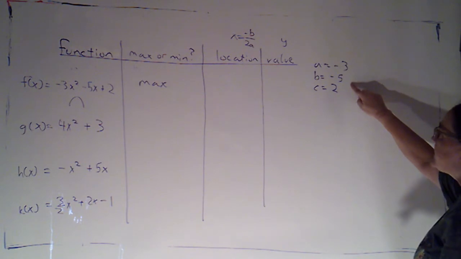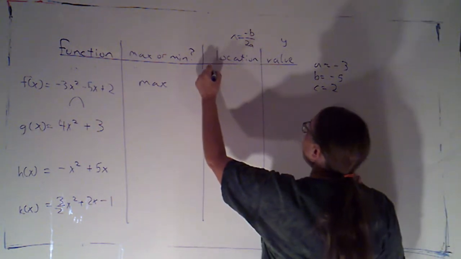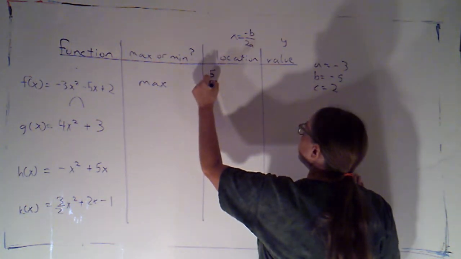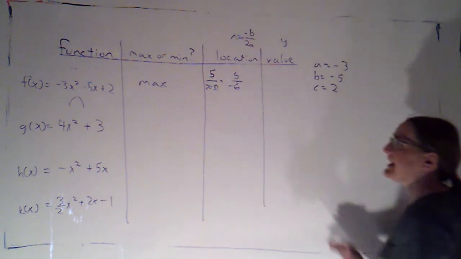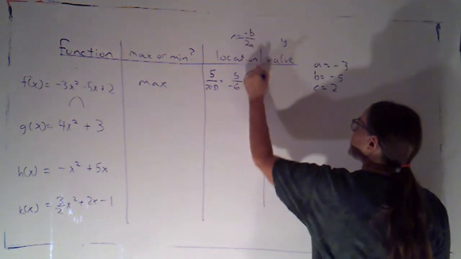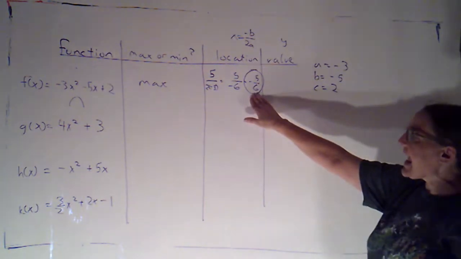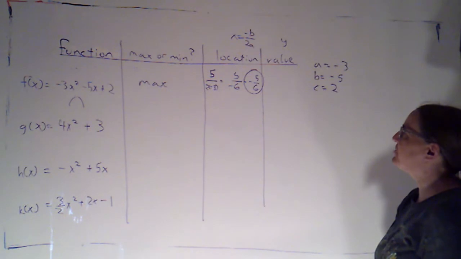So the opposite of b over 2a, that's going to become +5 over 2 times -3. That's 5 over -6, or just -5/6. That's going to be the location of the maximum value for that particular function.